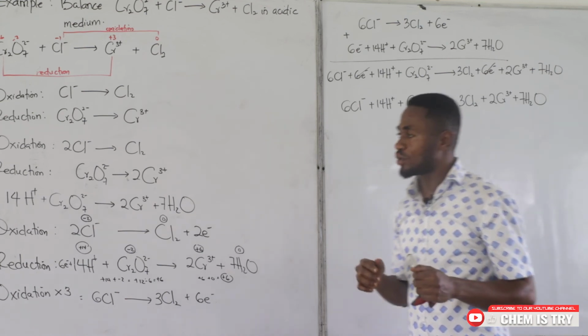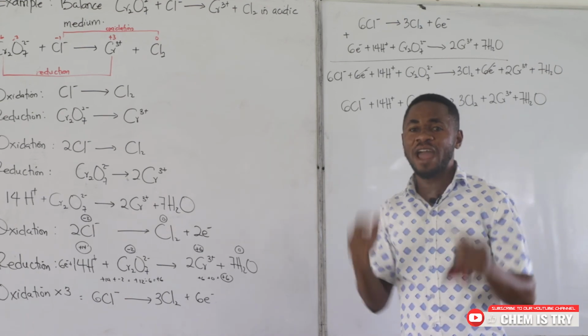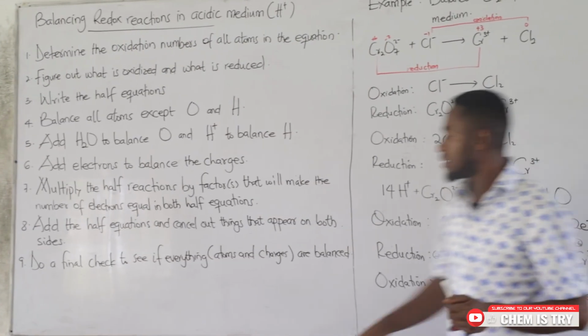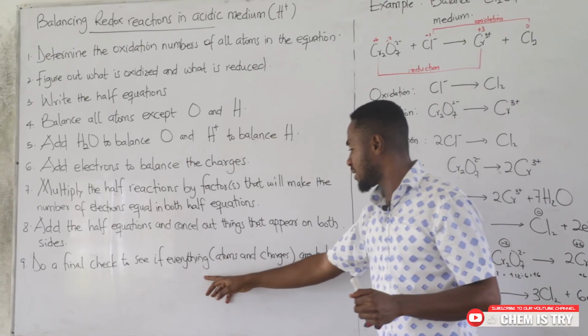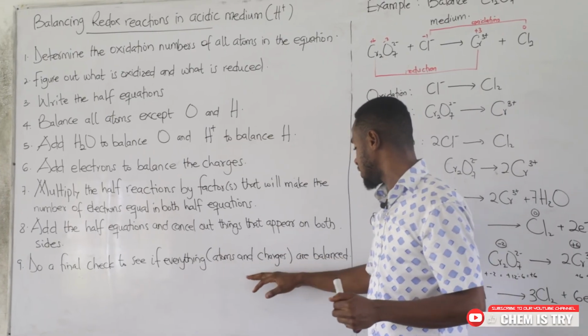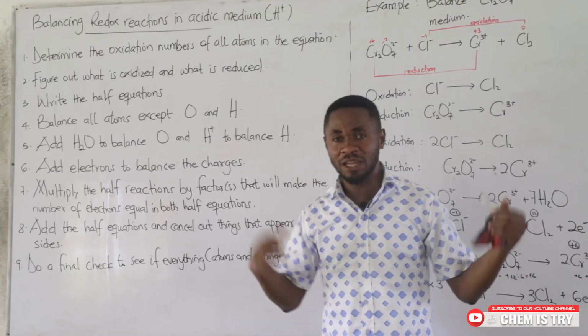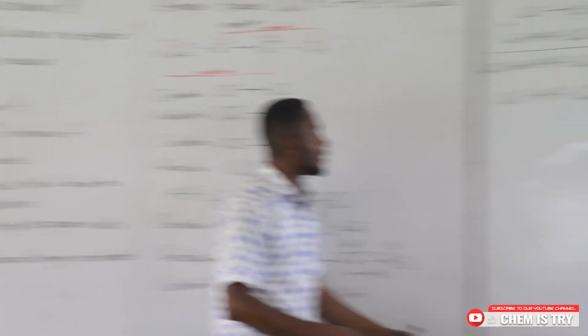Now we have, from the last step, to do a final check. Do a final check to see if everything, that is atoms and charges, are balanced. So let's go and check the atoms first. After that, we check the charges, okay?